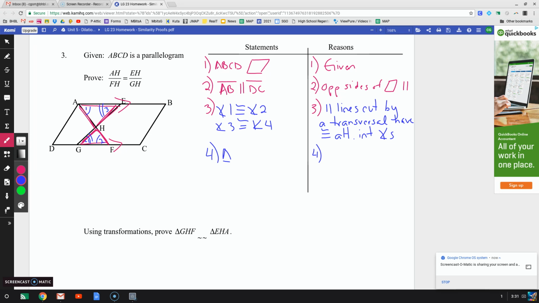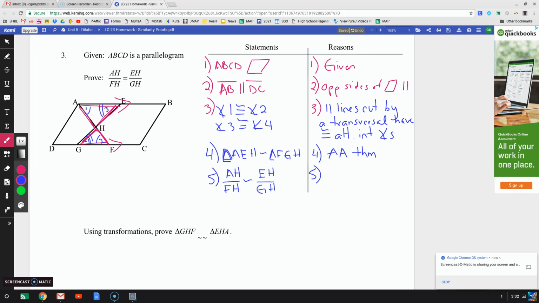So triangle AEH similar to triangle FGH because of my AA theorem again. So now that I have my triangles similar to each other, I can say that AH over FH is similar to EH over GH.